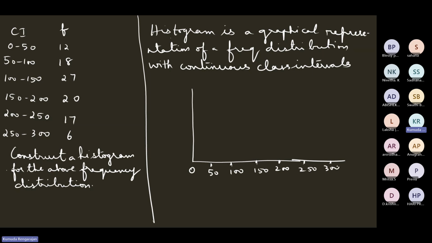On the graph paper, what can be the scale on the y-axis, children? The minimum value is 6 and the maximum value is 27. So we'll take 1 centimeter as 10 units or 5 units.